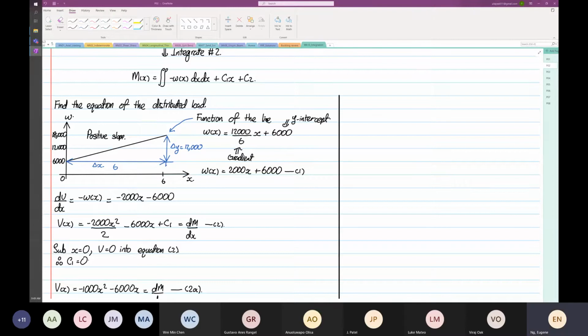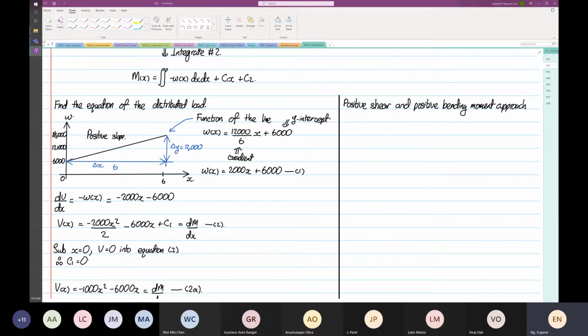We're going to use the positive shear and positive bending moment approach, and you'll see the difference.